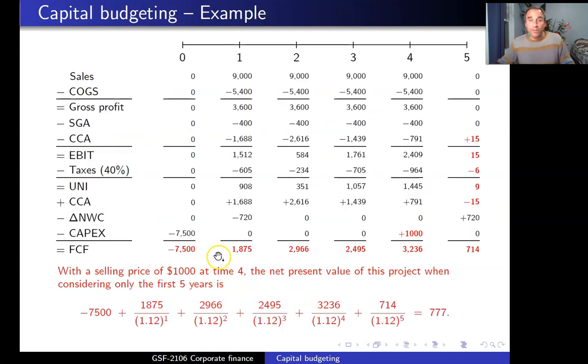So if we compute here with this example, the net present value of the project when we only use the first 5 years, this gives us a net present value of $777.